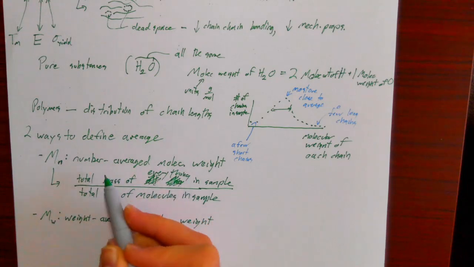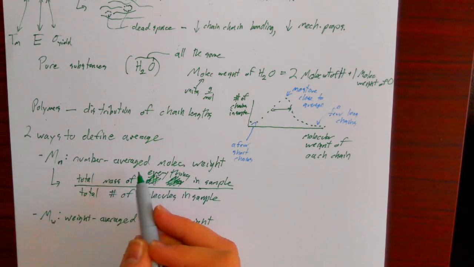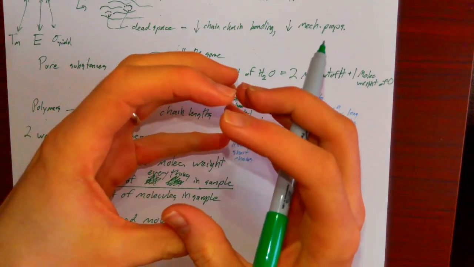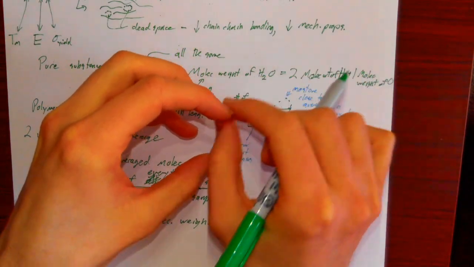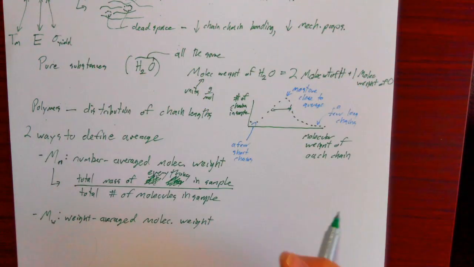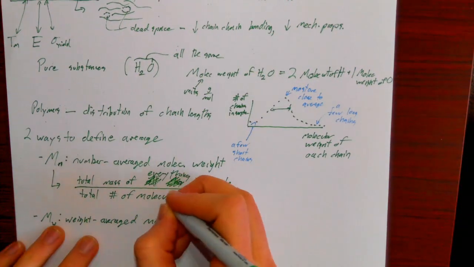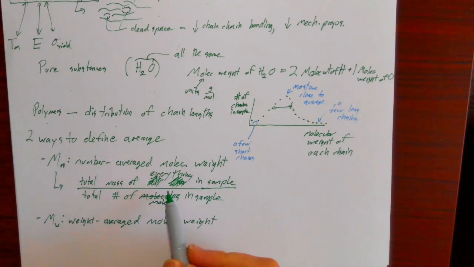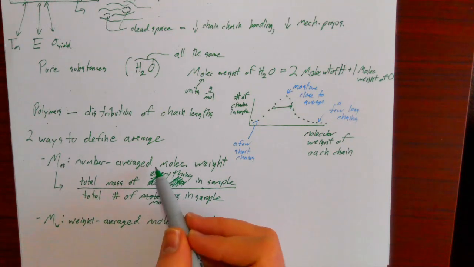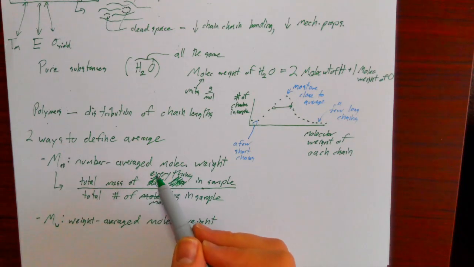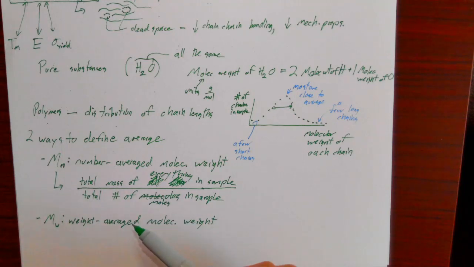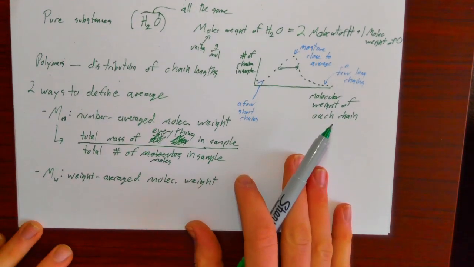So if I have X grams of polymer and Y number of molecules, I guess it's the total number of moles, more strictly speaking. If I were able to say there are two moles of molecules in this sample and 18 grams of polymer, I just take the total number of grams divided by the total number of moles, and move on with our lives.